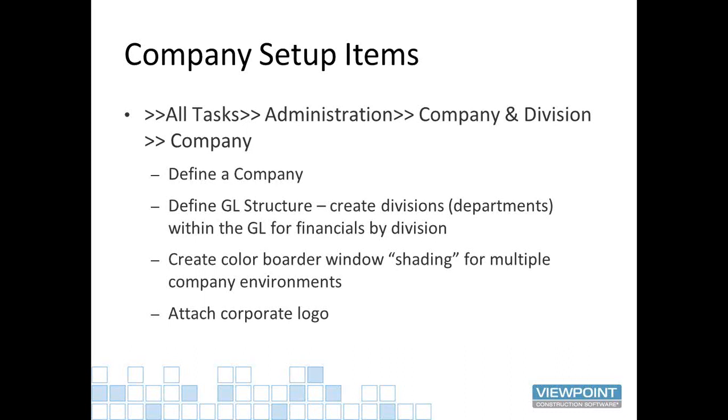And what this function allows us to do is to define a company, define the GL structure that we're going to be using with that company. We can set up a certain coloring scheme with that company, which is very useful in multiple company environments, so that you get a color indicator that gives you basically a reminder of which company you're in. We'll see how to attach a corporate logo.